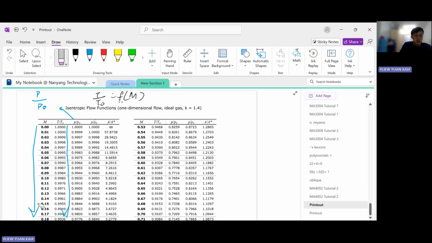Likewise for the pressure ratio, as Mach number changes, the pressure ratio also changes. So that's what you have to keep in mind. That's why Mach number is so important, because once you have the Mach number, you can find the pressure ratio accordingly, or the temperature ratio accordingly. That's why Mach number is so important in compressible flow problems.